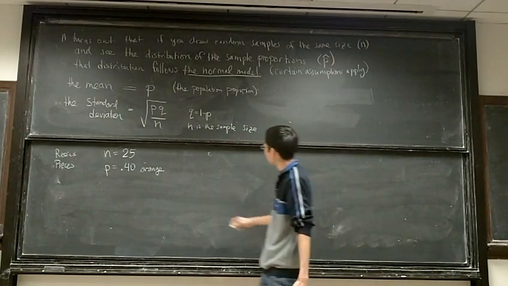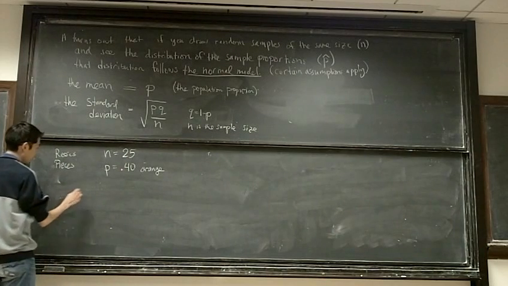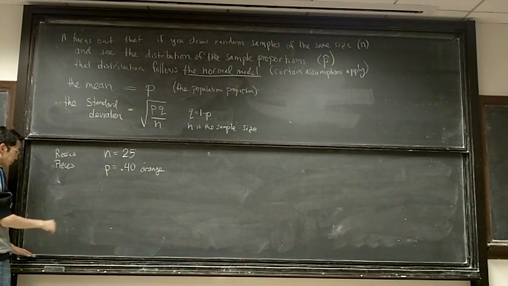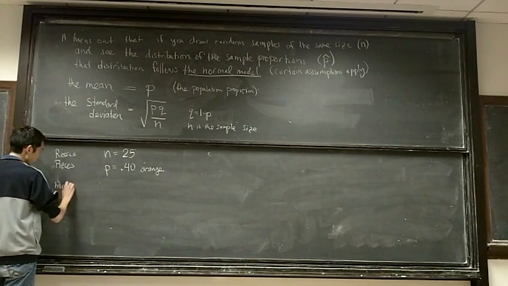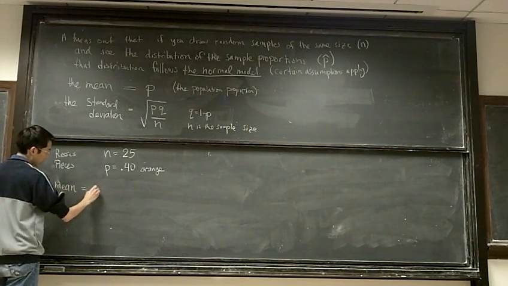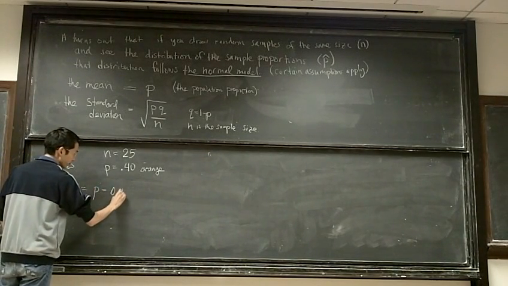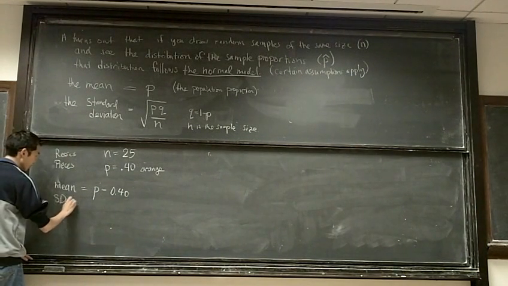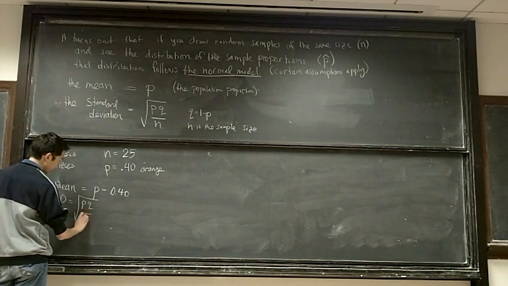So what this says is, if we took a whole bunch of samples, the mean is going to be p, which is 0.4, and the standard deviation is going to be the square root of p times q over n.